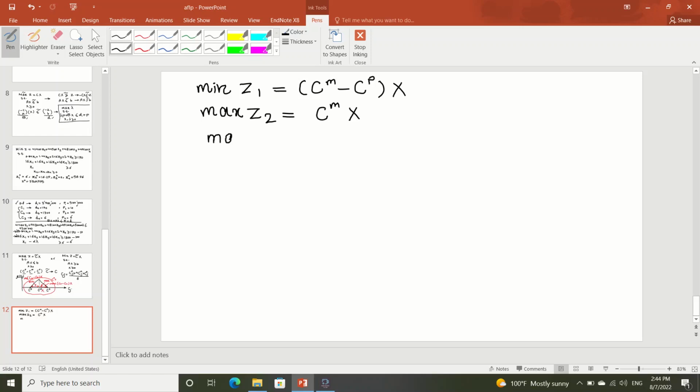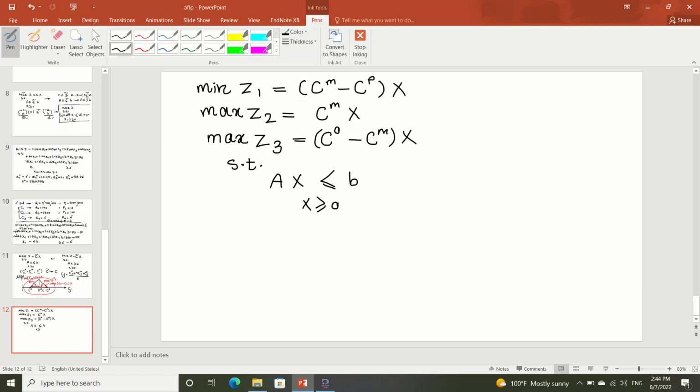And maximize z3 equals C optimist minus C moderate, multiplied by the decision variables. And these are subjected to Ax less than b, for example.